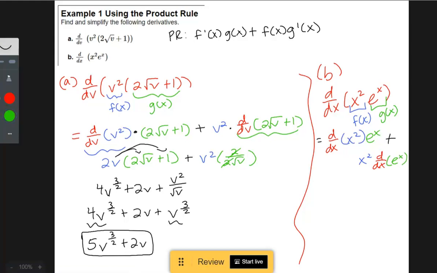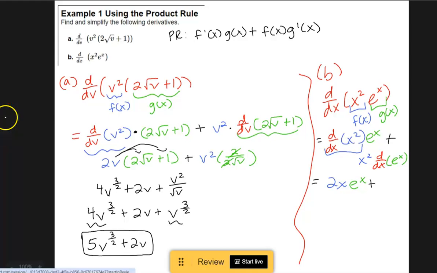So the derivative of x squared would be 2x and e to the x, plus x squared, and then the derivative of e to the x is just e to the x.